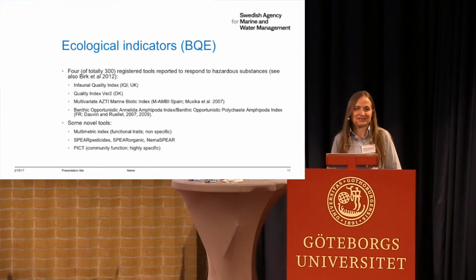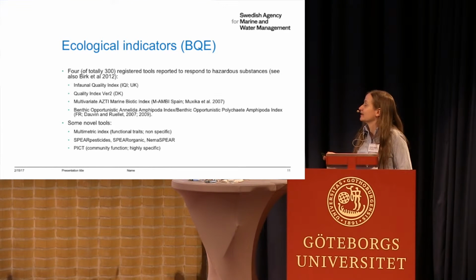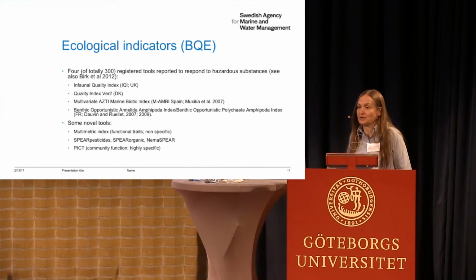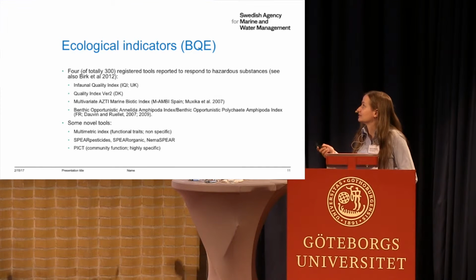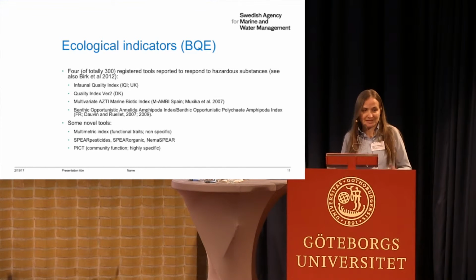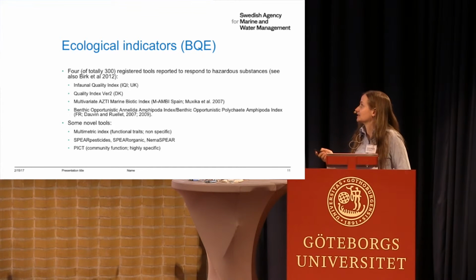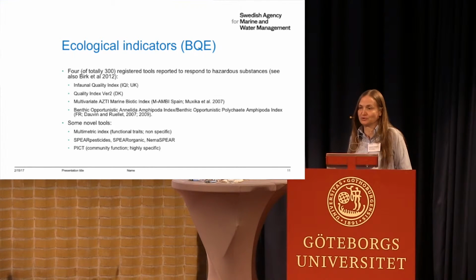And then finally, the third type of tools, the ecological tools, are also described. In the Water Framework Directive, we call them biological quality elements. They're all in there and possible to register. But in 2012, there was an inventory of all these tools, and they found 4 available registered tools that could actually be linked somehow to hazardous substances.